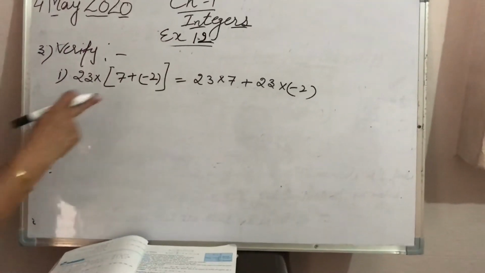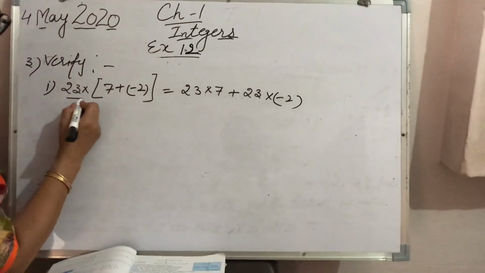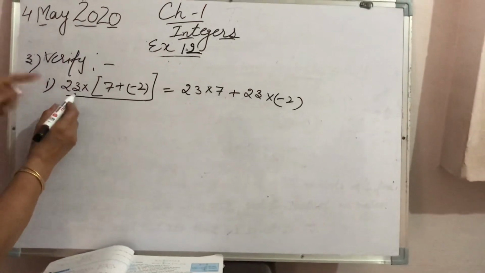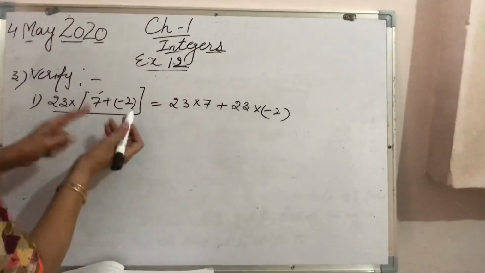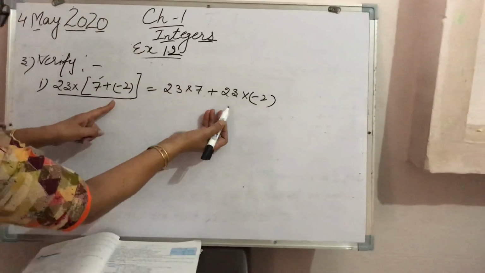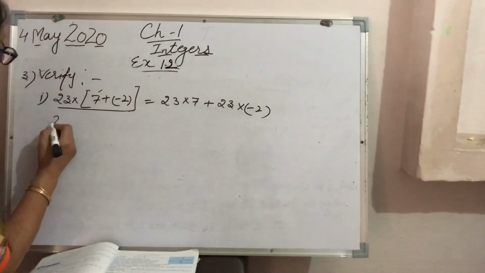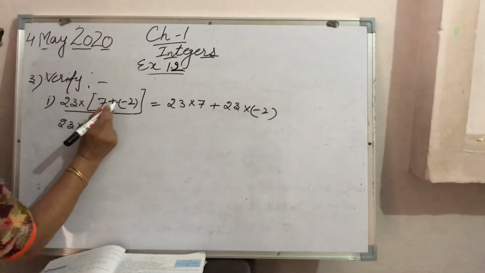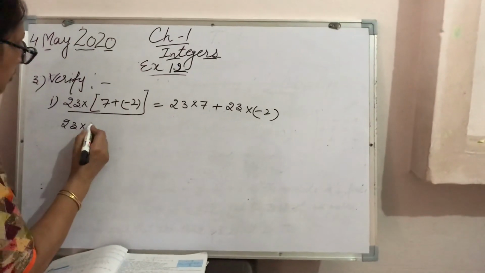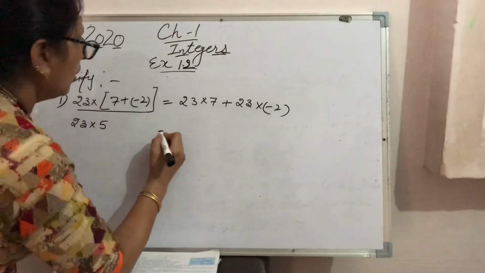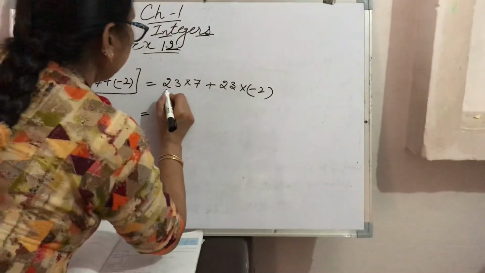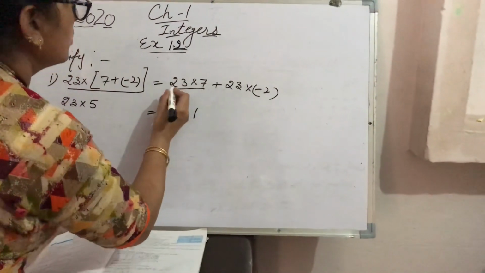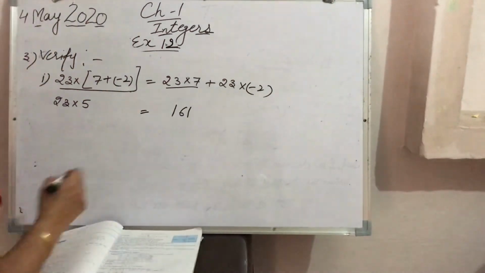Again, very simple. This is the distributive property. This has been provided. So if we distribute, 23 is multiplied by this number as well as this number, same as given. So we can calculate it in two ways. First of all, we will calculate inside the bracket. 7 plus minus 2 will be 5. Equal to, now calculate it separately. 23 7s are, 7 3s are 21, 2 7s are 14 and 2, 161.